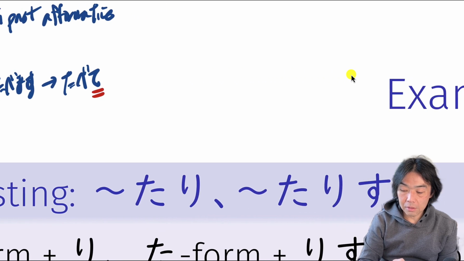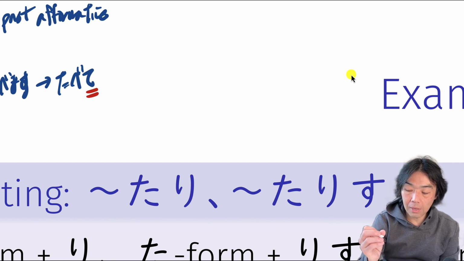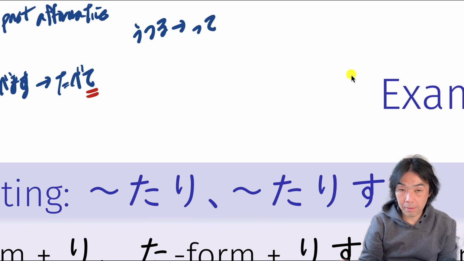U verbs are somewhat more complicated. If the short form of the u verb ends with u or tsu or ru, that becomes tte.